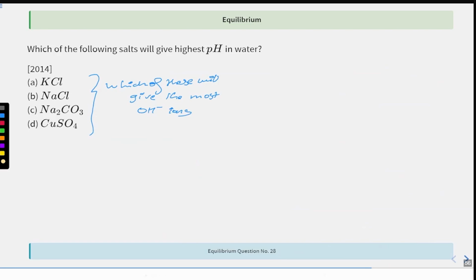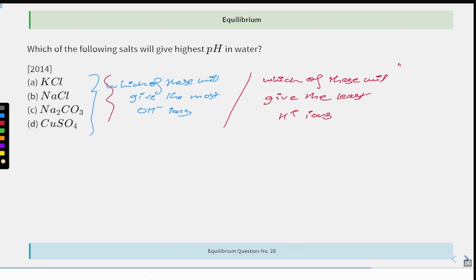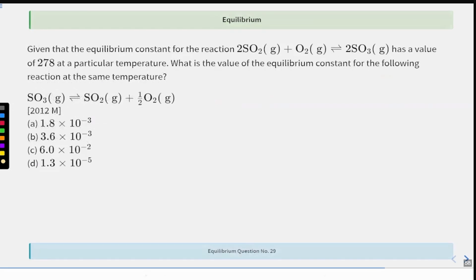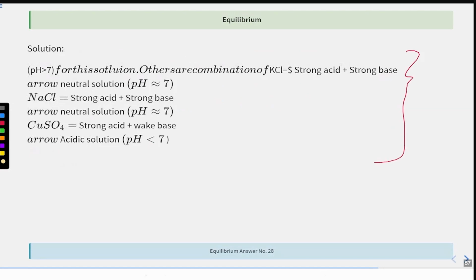And if you want to see it in terms of H plus, which of these will give the least H plus ions? So here's the hint for this question. We have solved the past two questions on the same concept. So I don't think that you will have an issue with this particular thing. And if you're ever stuck, just remember that a solution is being provided to you.